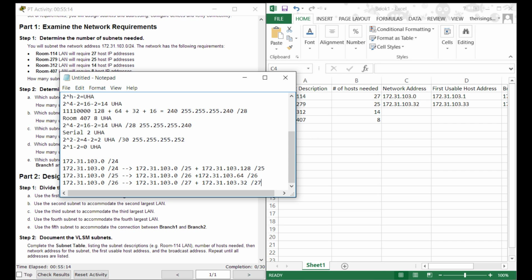So since we need 2 /28s, we are going to continue with this because it's the next lowest network.